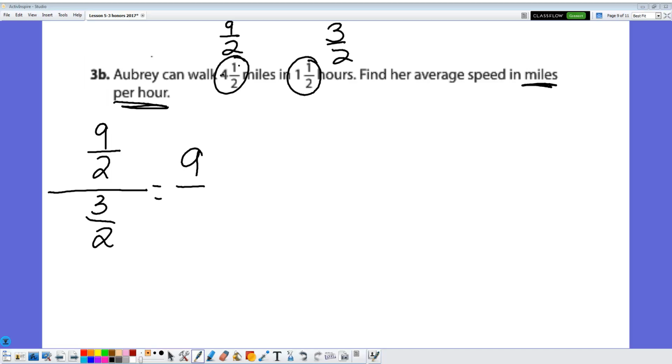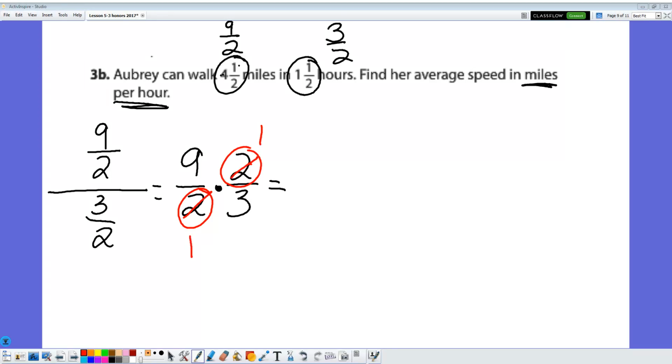And again, I'm going to keep the numerator. I change division to multiplication. I take the reciprocal of 3 over 2 and call it 2 over 3. In this case, okay, and you can multiply straight across or cross cancel. I'm going to cross cancel because, hey, what's 2 divided by 2 going to come out to? That's going to be 1.